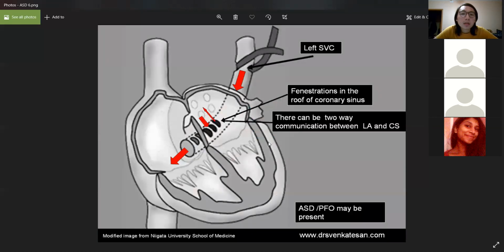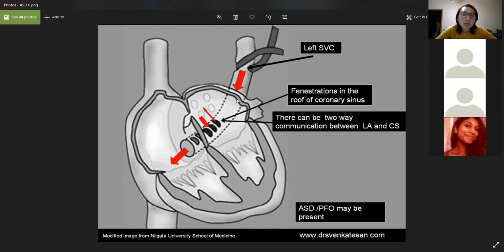So, in other words, unroofed coronary sinus means there is an opening on the coronary sinus into the atria. And because of the opening, there is a communication between the right atrium and the left atrium.